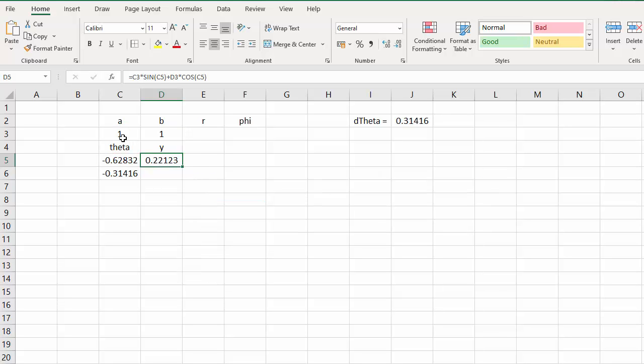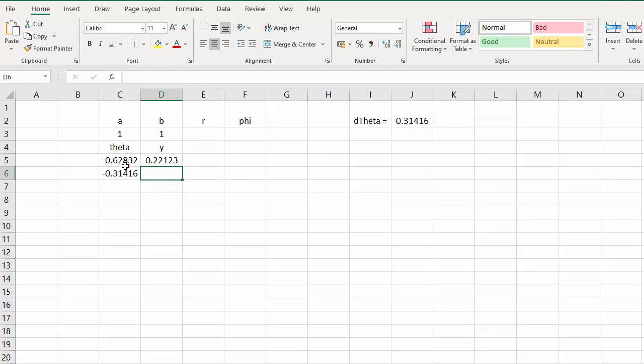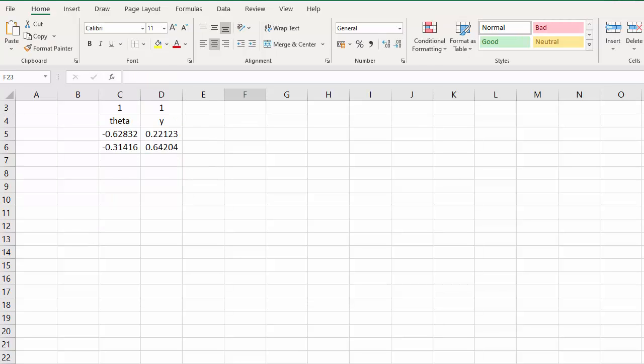I need to change the values for a and b so they remain constant. So we'll press F2 and put a dollar in front of the 3 there and a dollar in front of the 3 there. So now if I copy this cell down, it will recalculate properly. And if I press F2 just to see which cells it's calling on, that's correct. That's what I want.